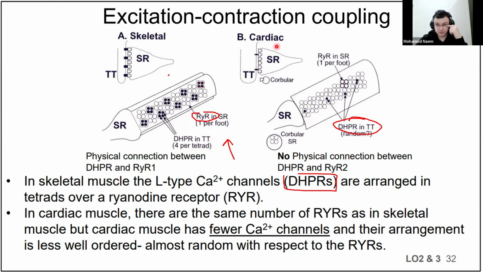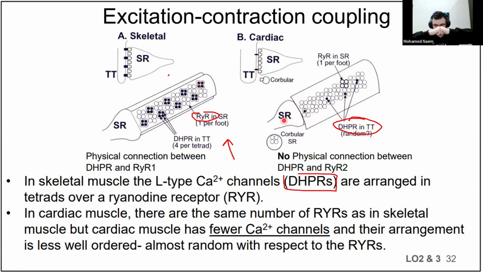Nothing to completely explain. One thing that the doctor really emphasized in his lecture is the physical connection in the skeletal muscle. The ryanodine receptor 1 and the DHPR are physically connected. So they are like this. When it comes to the cardiac muscle, as we said, they're very, very close, but they're not physically connected.